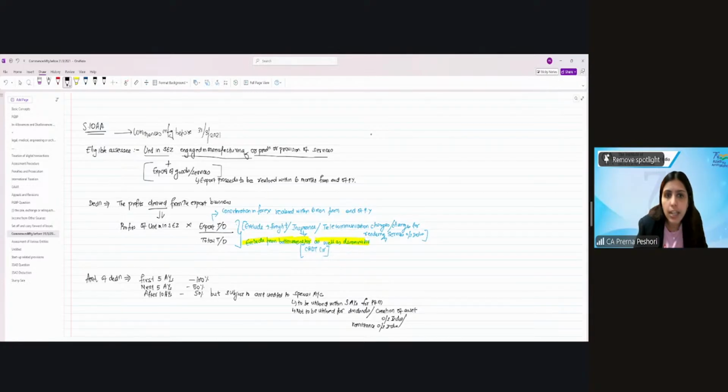It will not include any freight, telecommunication charges, insurance, or any other charges for rendering the services outside India. In the turnover, you will not include any freight, insurance, telecom charges. So if you are excluding from the numerator, you have to also exclude from the total turnover in the denominator. Are we clear? Any question, any doubt?